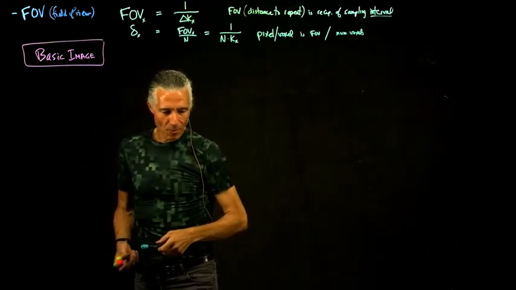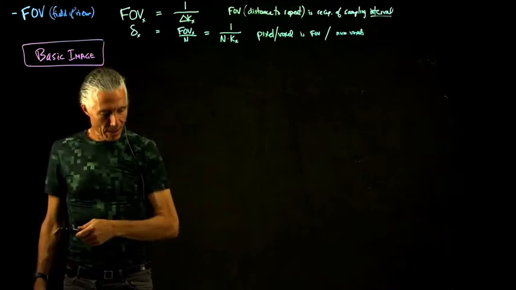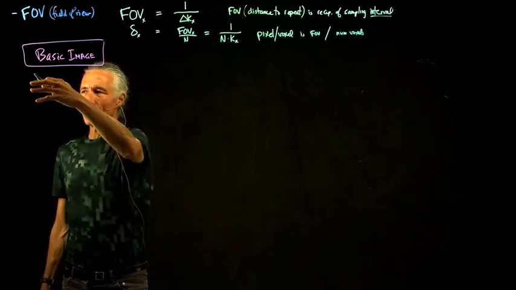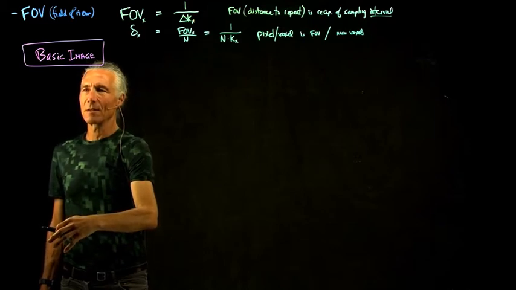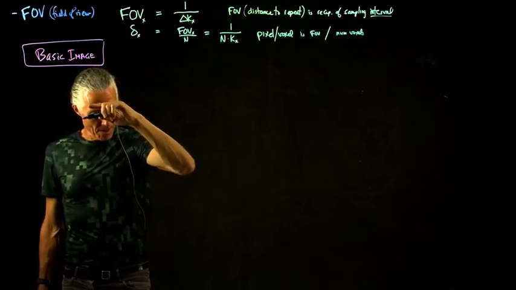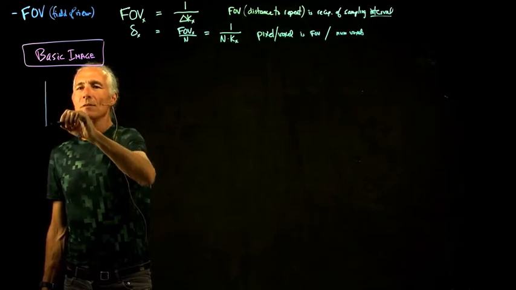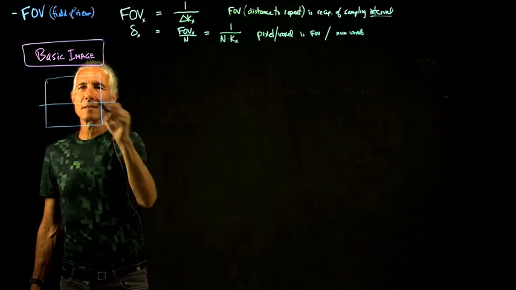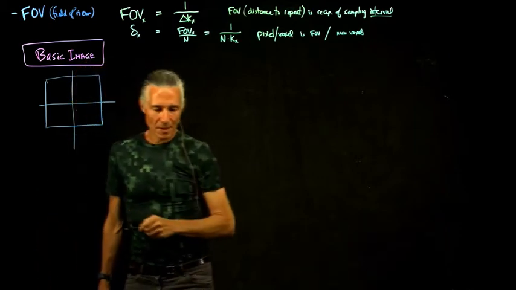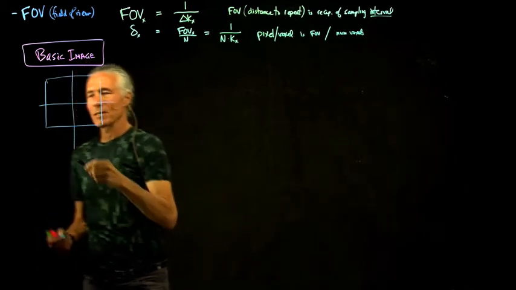For our basic image, we'll have the spatial frequency data we collected, and then our reconstructed image down here. Let's start off with a nice square of K space, so that's spatial frequency space.